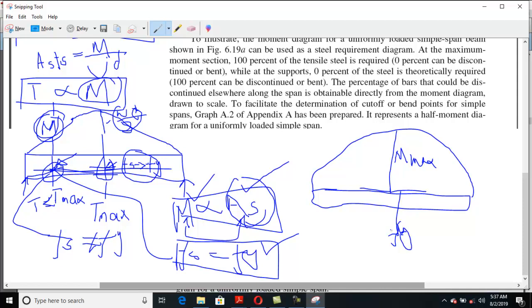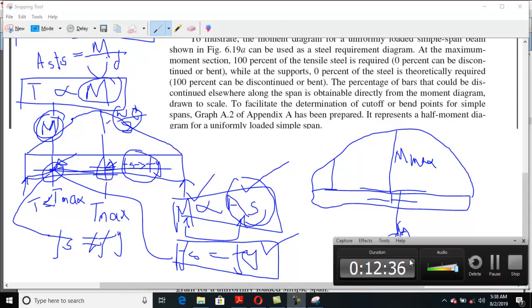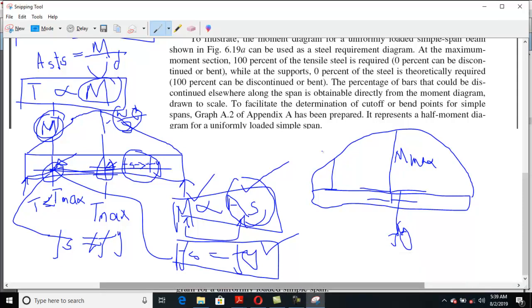So for yielding of stress, you need full development length to provide bars from the center to both sides of the beam. But we can assume that as the moment here is one third, or one half, or you can say 50% of that moment.